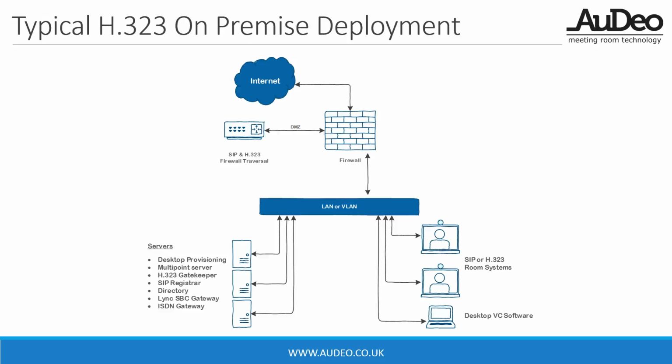Now drill down into one of those nodes and you may have a typical H323 or SIP on-premise deployment that looks something like this. Servers on the left-hand side provide services such as multi-point, gatekeepers, registrars, directories, and so forth. On the right-hand side we've got various room systems, software, etc. And then of course there's going to be some method of being able to securely get to and from the internet to make calls to other organizations.